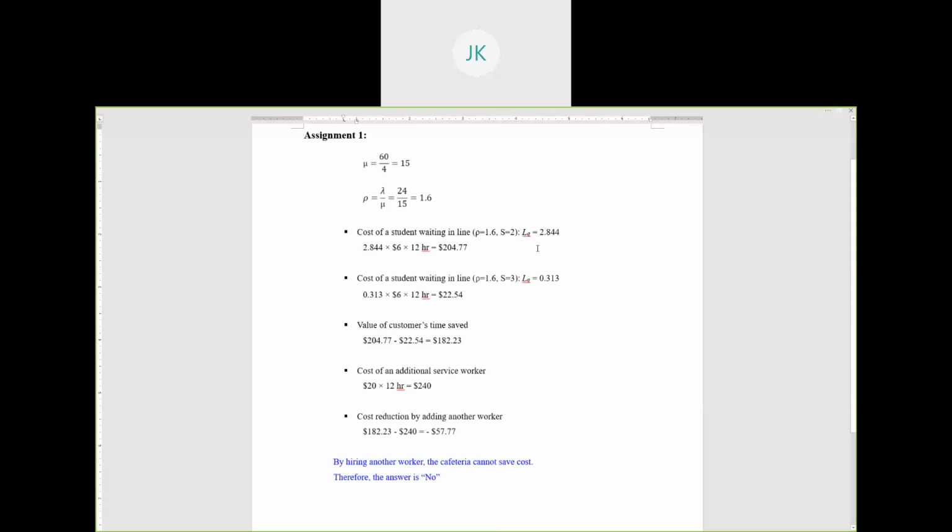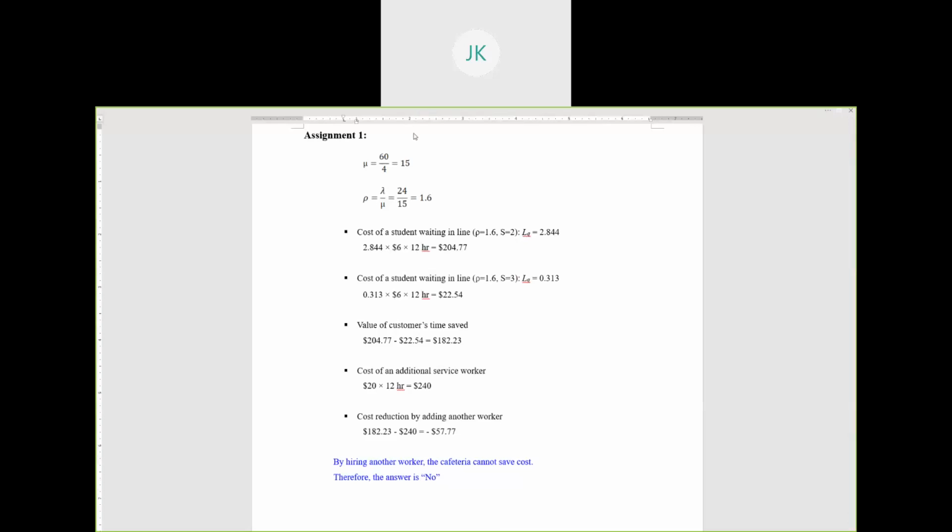So compare the waiting cost when 2 workers and 3 workers work. The waiting line cost is LQ times the customer cost times how many hours the cafeteria was open.